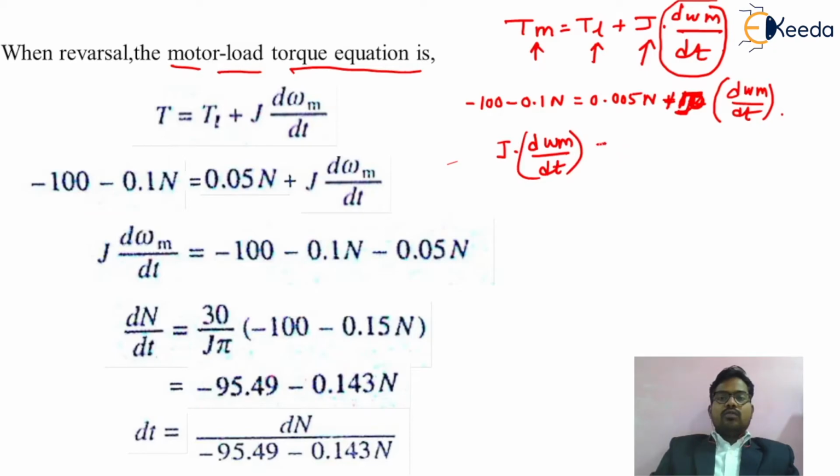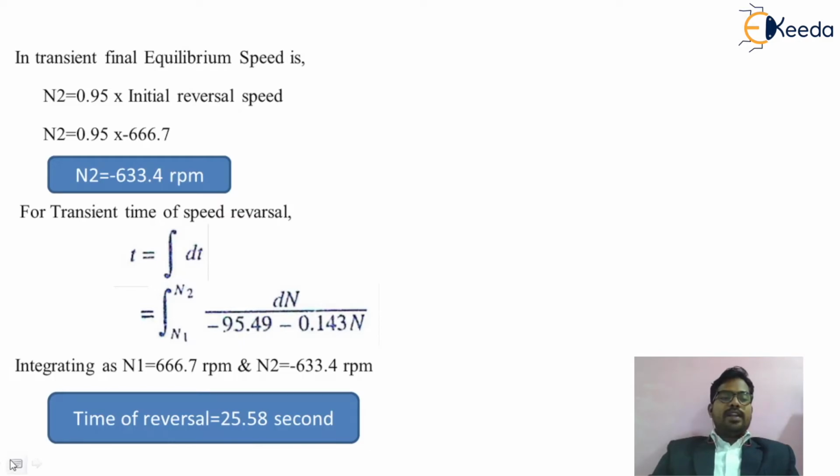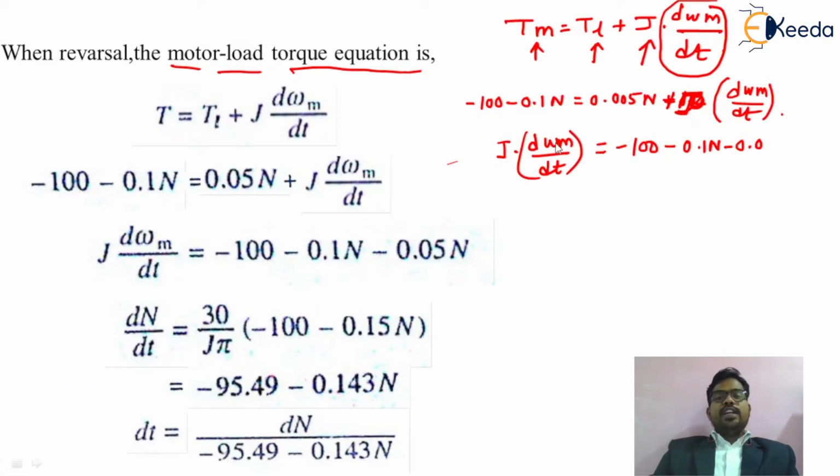is equal to minus 100 minus 0.1 N minus 0.005 N Newton meter. So friends, for the calculation of J into d omega m by dt, we get minus 100 minus 0.15 N Newton meter.